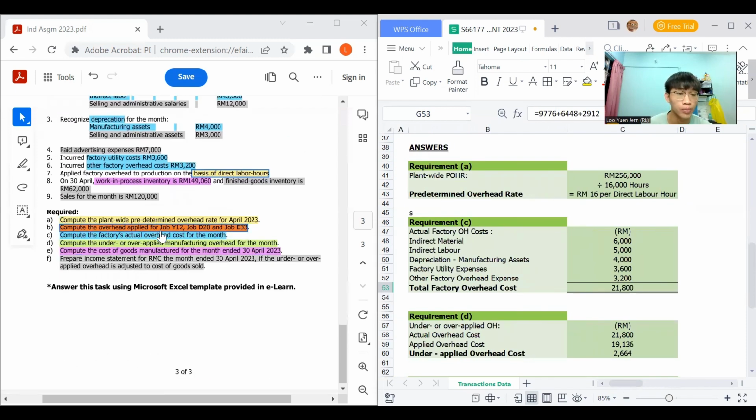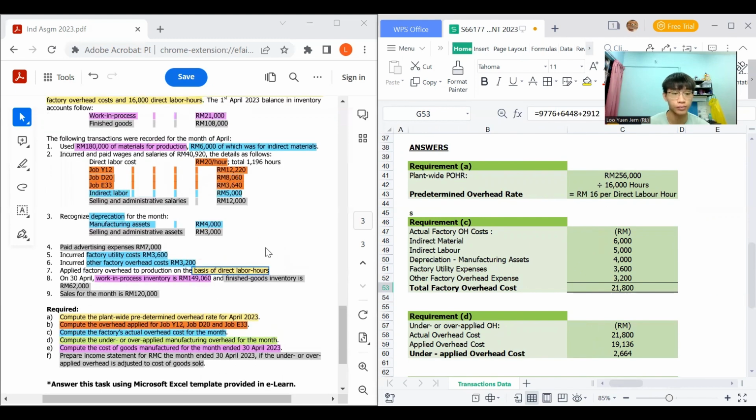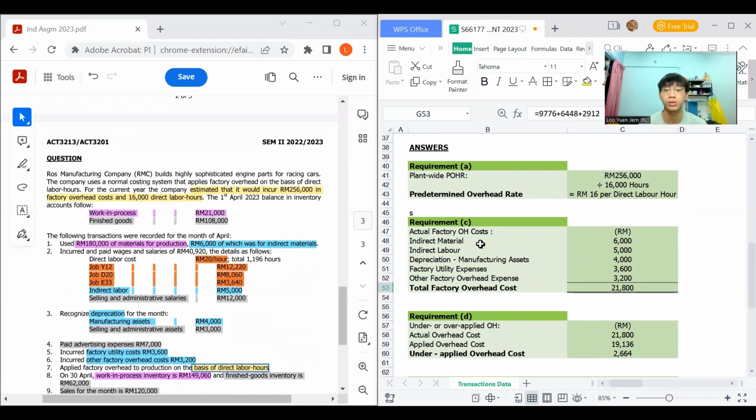Next, we are going to compute the factory overhead cost for the month. To calculate the actual factory overhead costs, we need to include the indirect materials, indirect labor, depreciation of manufacturing assets, factory utility expenses, and other factory overhead expenses.